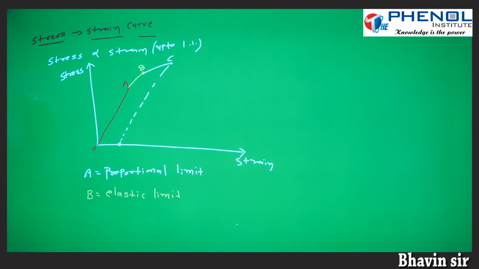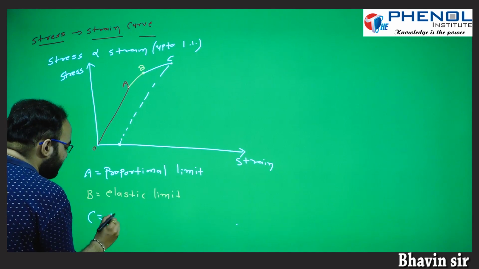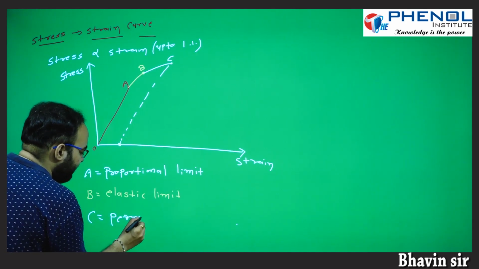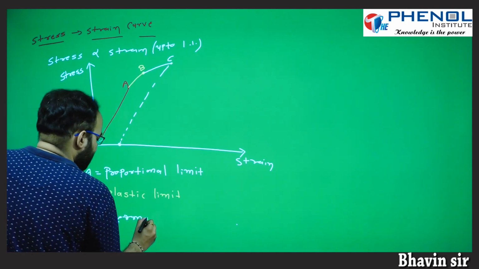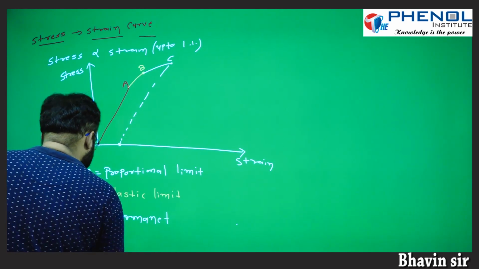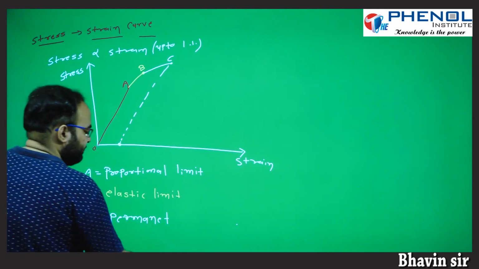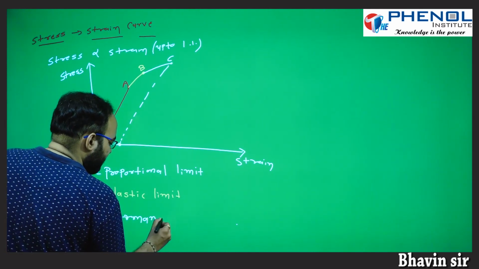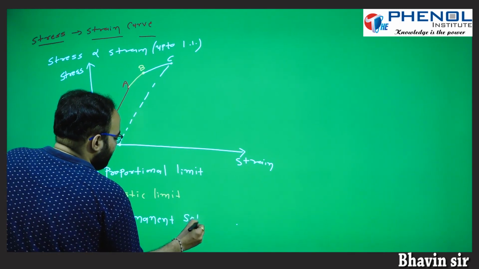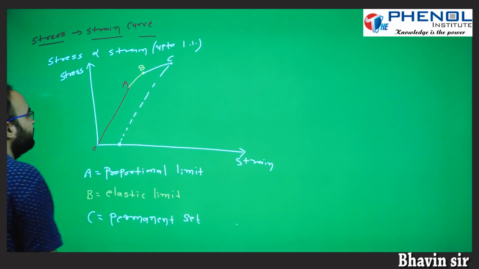So C is known as the permanent set, a permanent defect. Now this is its permanent position.